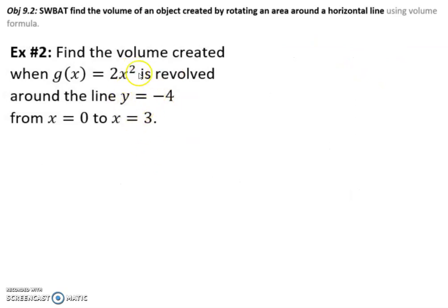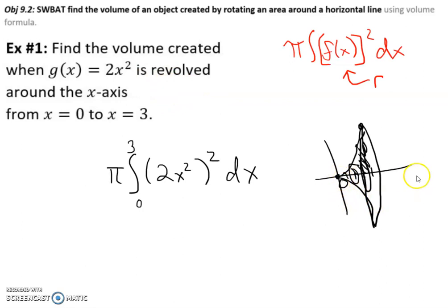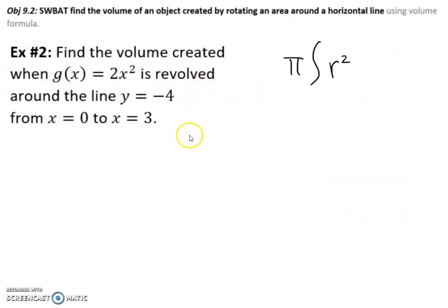Next example is very similar, except it's revolving around a line that's farther away. So just remember, it's pi times the radius squared. I know this isn't the real notation here, but since the line y equals -4 is farther away than the x-axis was, our radius is going to increase by 4. So for our second example, it's going to be the integral from 0 to 3.